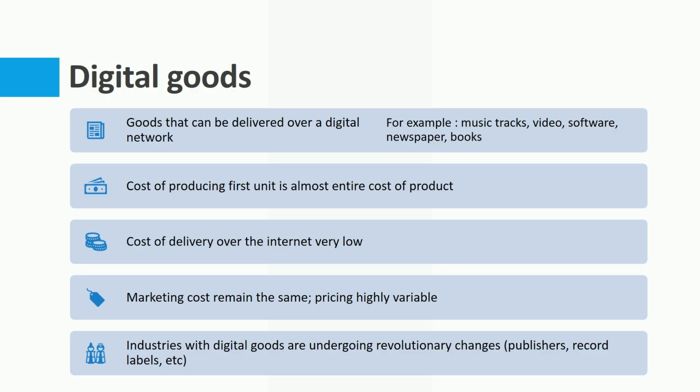While the cost of producing additional digital units is minimal, the initial production costs can be high. The rise of digital distribution has significantly impacted industries reliant on physical products such as bookstores and music labels.